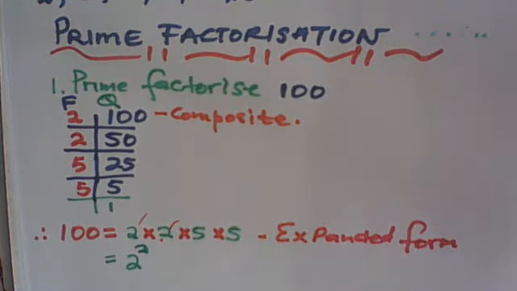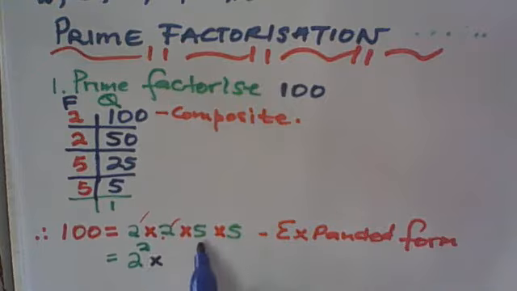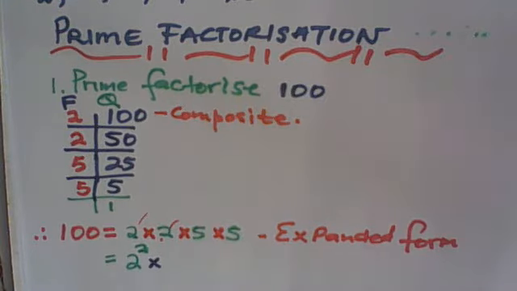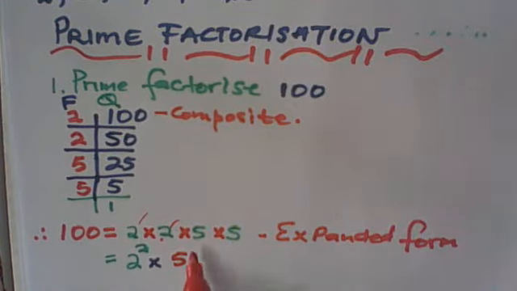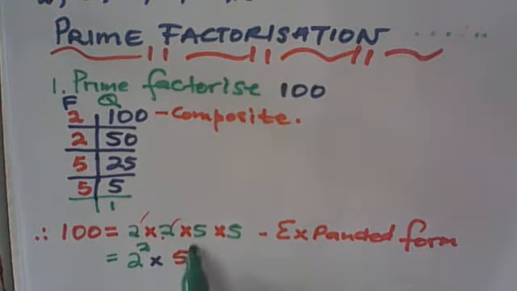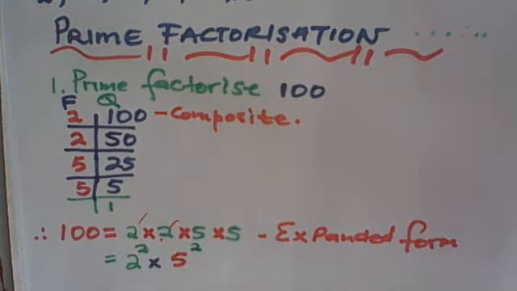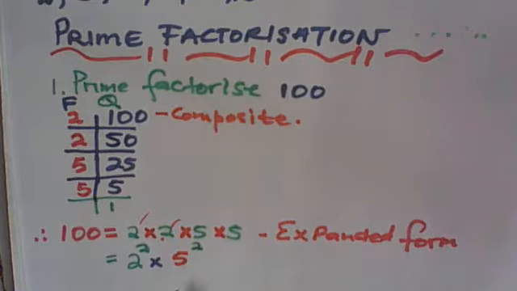And between we have multiplication, so we multiply. Here we have 5, then we write 5, how many? 2. We have 2. So this is 5 to the power 2 multiplied by 2 to the power 2.